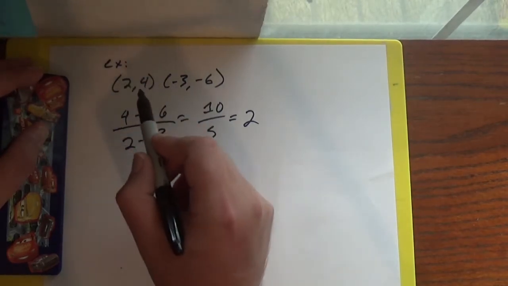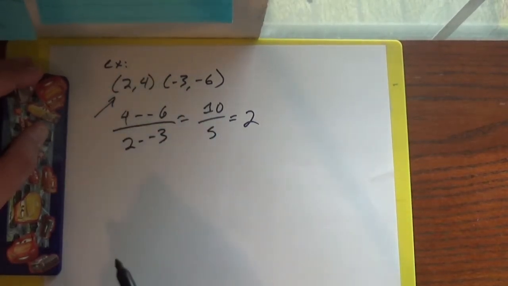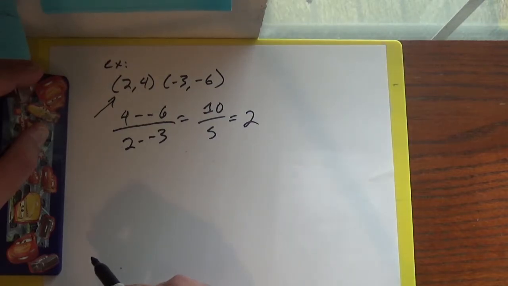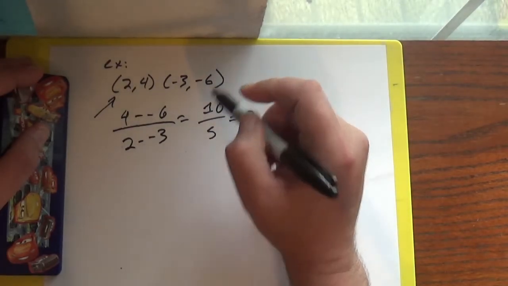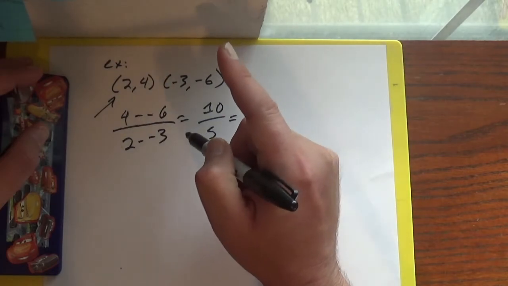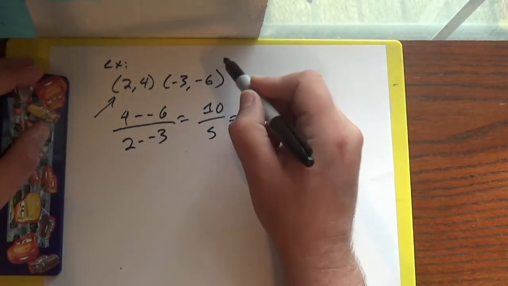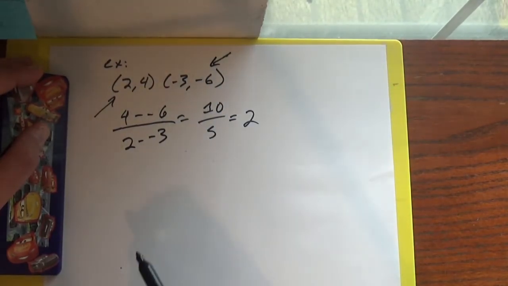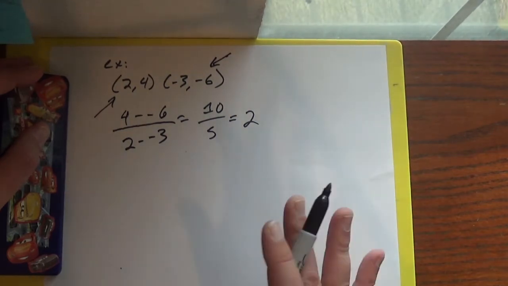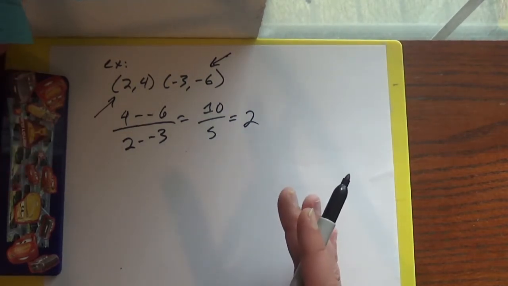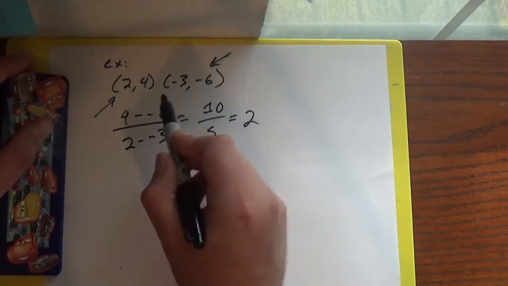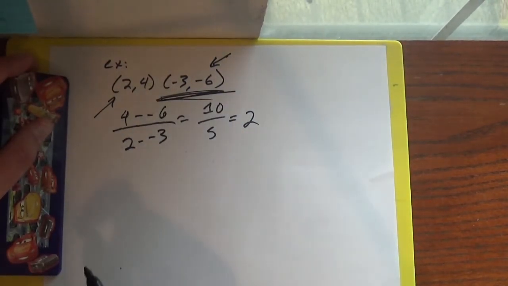And picking points, it seems like you would want that one because they're all positive and people hate using negatives. But it's y minus y1 and x minus x1. So if I pick the one that's both negative, the negatives are all going to cancel out. You could use either one. It'll get you the same thing. But this one's probably easier.